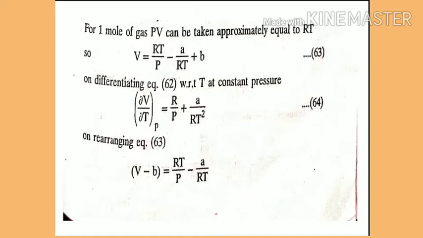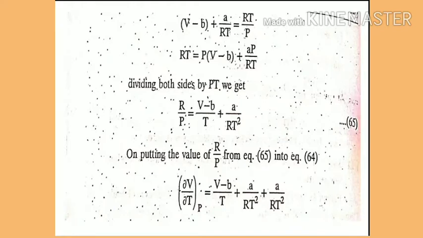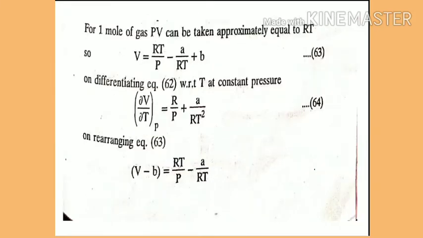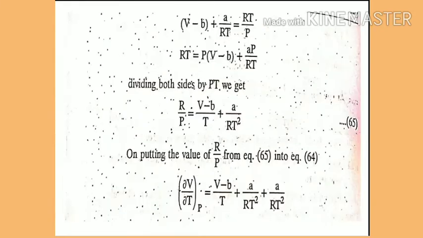And by rearranging 63, we bring B to the left hand side, so V minus B is equal to RT upon P minus A upon RT. After that, RT upon P is equal to V minus B plus A upon RT.